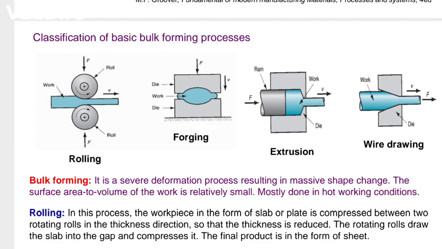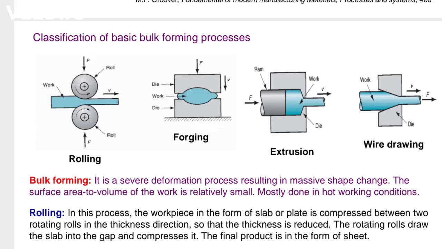Then extrusion. In extrusion, the ram is given force F and the workpiece is drawn like paste extruded from a toothpaste tube. It is called extrusion. In this diagram, the ram is given force F and the material is drawn in a round format through the die.